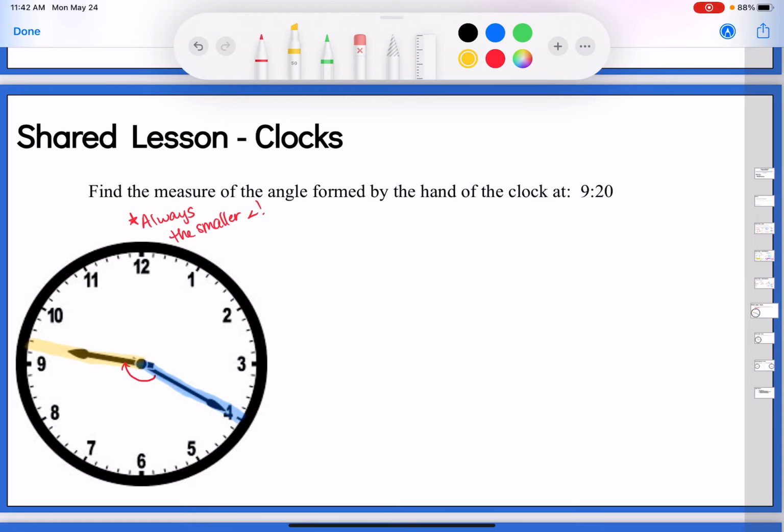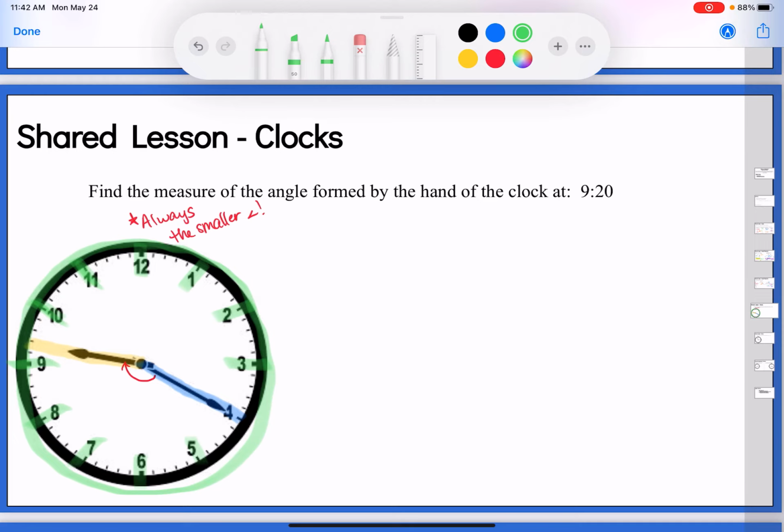So to start off with, we really have to think of degrees. Do you know how many degrees are in a whole circle? If we went all the way around, that would be 360 degrees. Now I notice these numbers, 12, 1, 2, 3, 4, 5, 6, 7, 8, 9, 10, 11. They're breaking that whole circle into 12 sections.